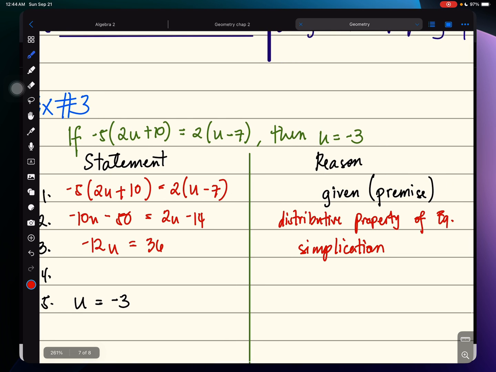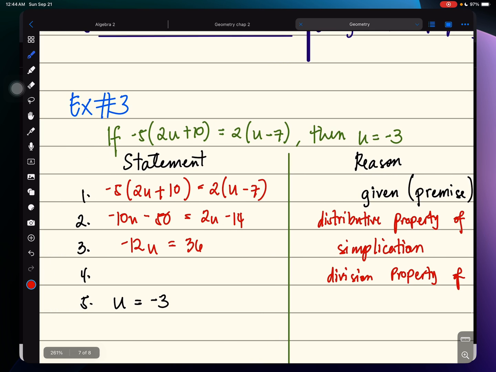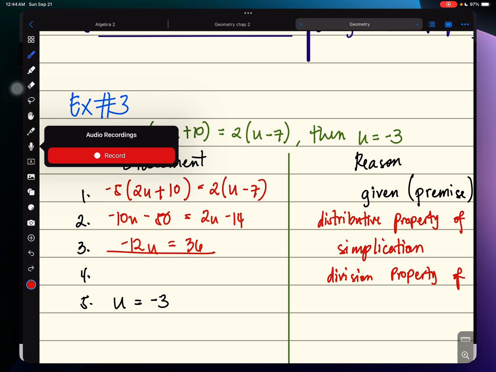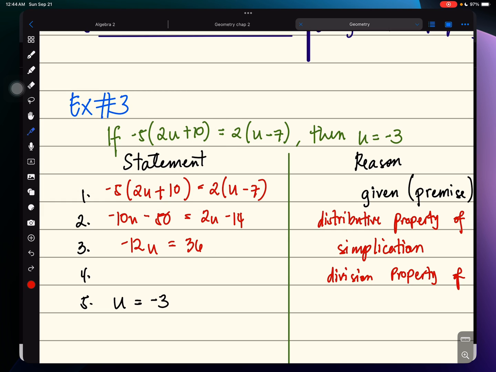And then we can now use the division property of equality so that we can come up with what? Awesome. You have to divide by -12.